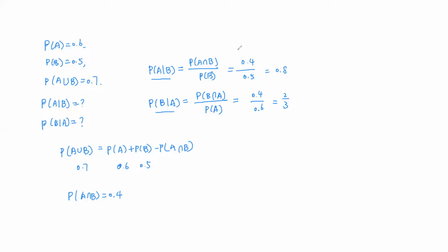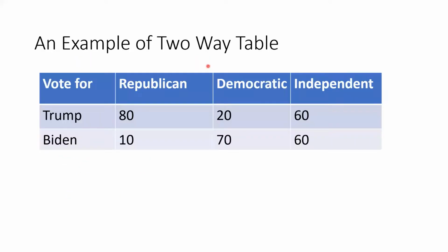All right, let's have a look at another simple example, using a contingency table or two-way table. The numbers are not randomly picked; they're nice, adding up to 300 total. That's actually designed, but the scenario is arbitrary.